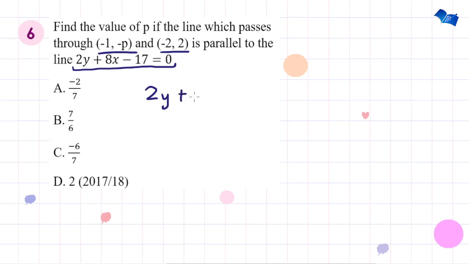2y plus 8x minus 17 equals 0. How do you get the gradient of this line? You express this in this form, y equals to mx plus c, right? This is what we'll try to express this into. So to do that, 2y, I'm taking every other thing to the right-hand side of the equation, is equal to minus 8x plus 17.